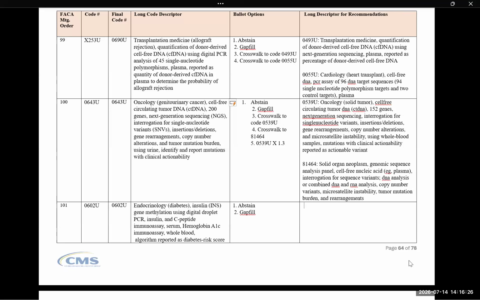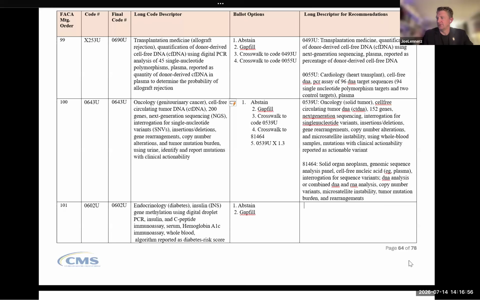Thank you. This is an endocrinology combined or mixed code with a multiple analyte algorithmic analysis composed of a digital droplet PCR methylation assay, a C-peptide immunoassay, and then a serum-based HbA1c immunoassay, all from whole blood, reported as an algorithm risk for diabetes mellitus. The panel discussed what that would look like.